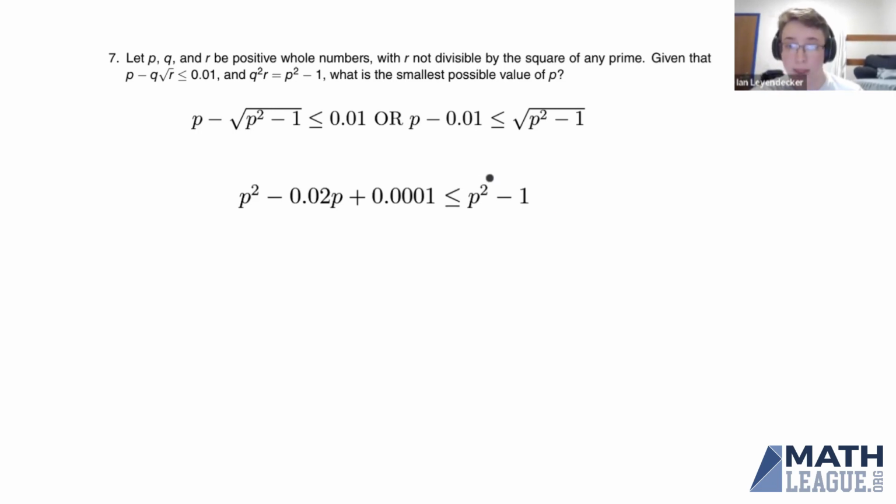The first thing you should notice is that we have a P squared on both sides, so we can subtract a P squared from both sides, and that'll cancel out.